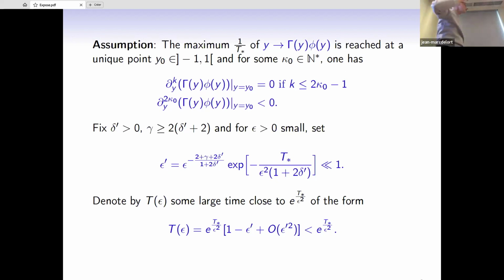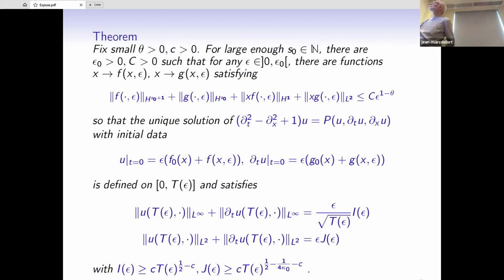Okay. They will generate some approximate solution that blows up, and our real solution will be close to this approximate solution corresponding to the data f0 and g0. What I say is that with this perturbed data, I get a solution which is defined up to time T of epsilon, not a global solution.